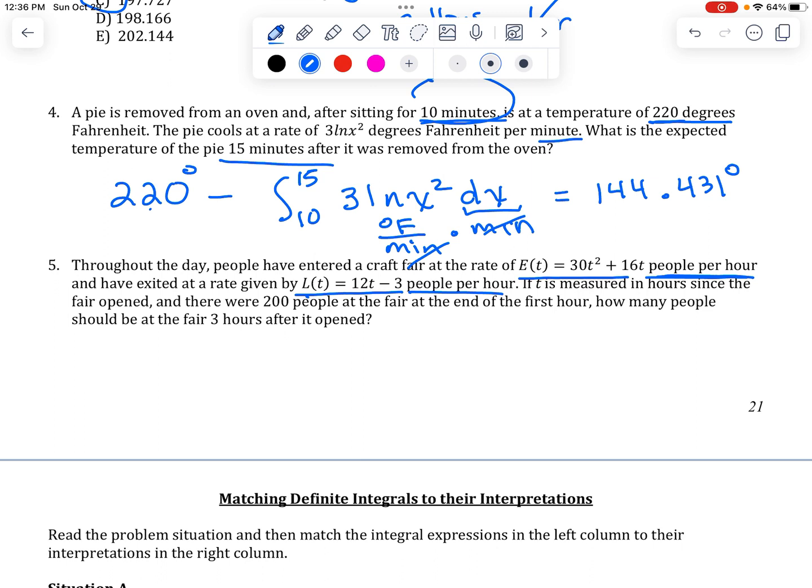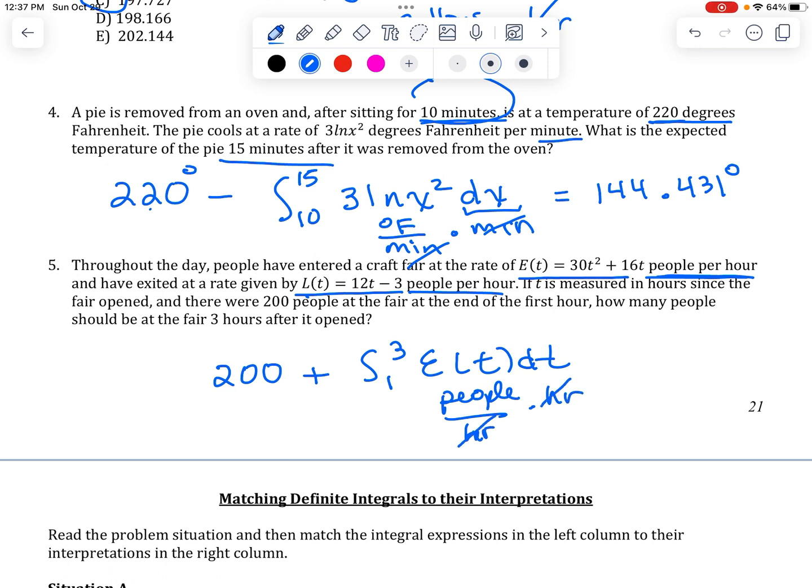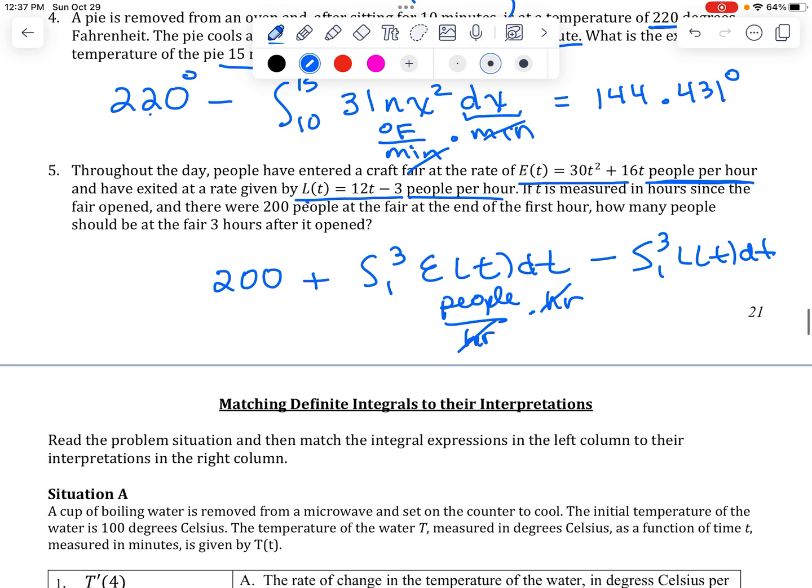So I want to know the final count of the people 3 hours later. We started with 200. Then I'm going to be adding on from 1 to 3 hours how many people came in. Again, this is people per hour. So you're adding on the number of people who entered, but then we have to subtract off the number of people who left. This we can type into our calculator, and we should have 482 people at the end of the 3 hours.